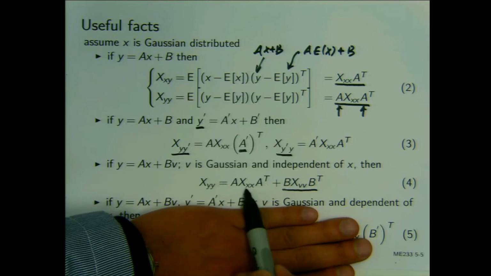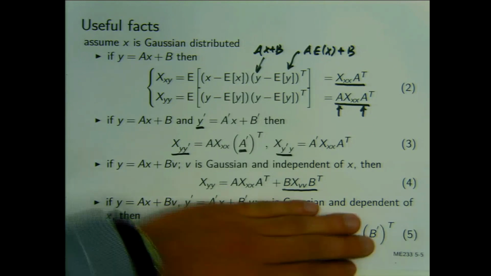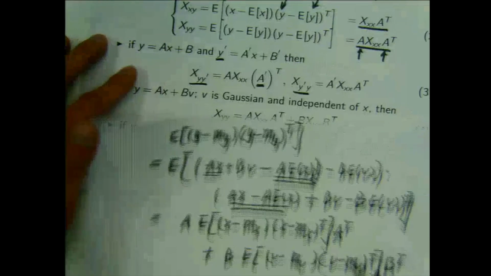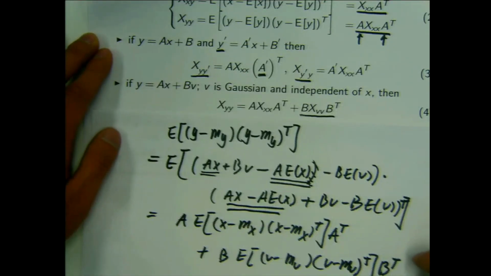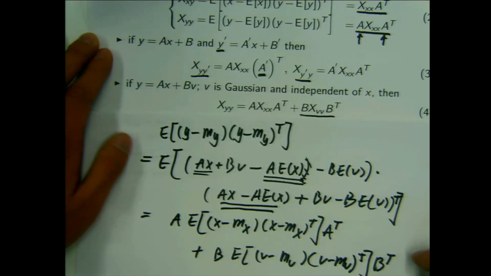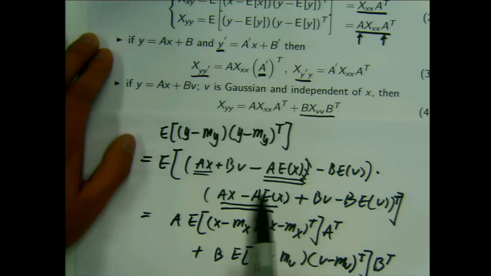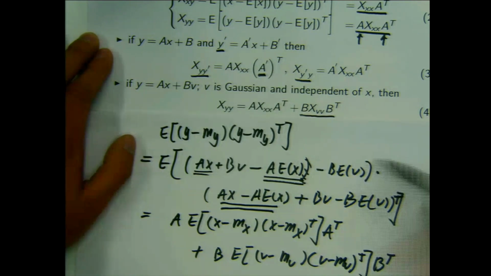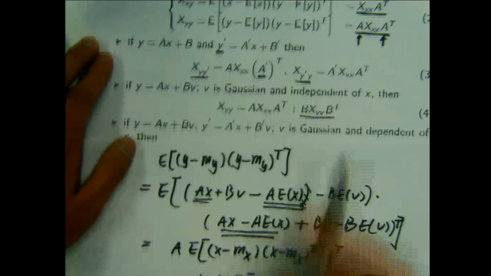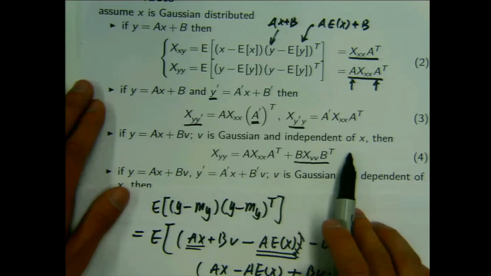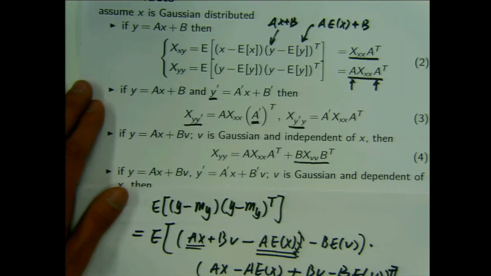Yes, there's a cross term between X and V. But I have said V is independent of X, so that term is going to vanish.